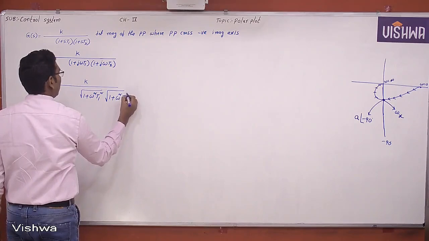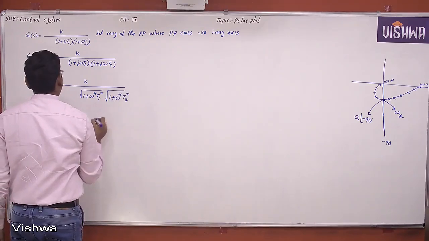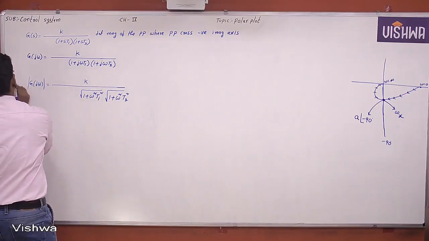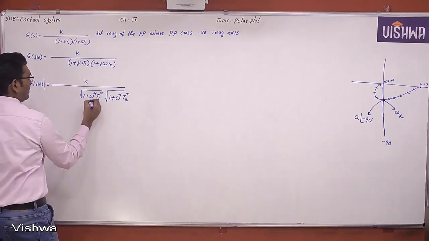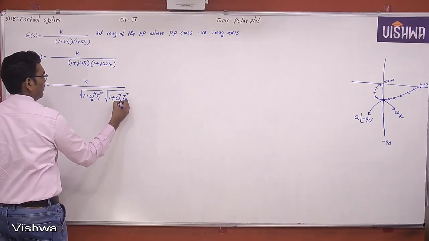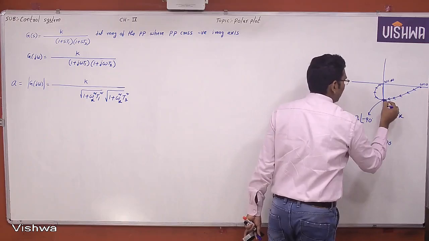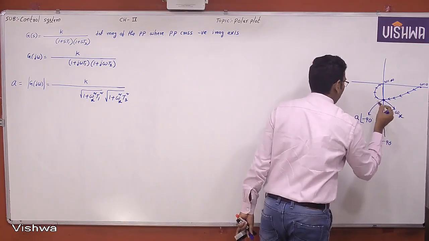Now this is the magnitude of the polar plot where the polar plot crosses the negative imaginary axis. This magnitude is called A at a frequency of omega x. When the plot is crossing the negative imaginary axis, the frequency is omega x and the magnitude is A.